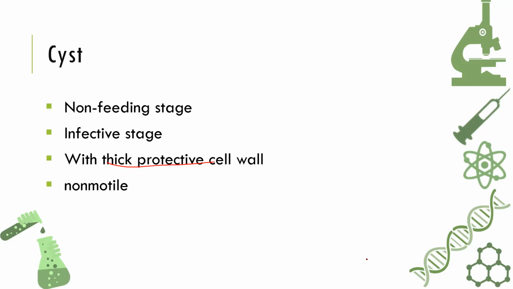So how about for cyst? Is iodine capable of imparting color to cyst? Yes. A yellow brown or a brownish yellow color can be imparted to our cystic stage.